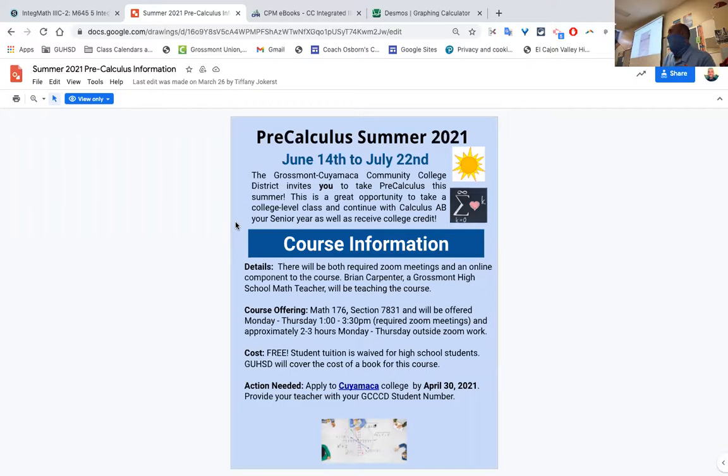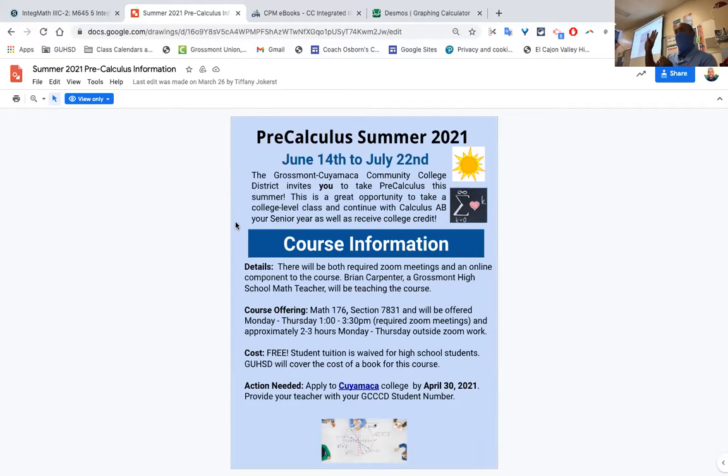Obviously, that makes you a stronger, what's the word I'm looking for, a stronger candidate for universities when you have AP Calc, especially when you're applying towards certain majors. Okay, things that have to do with math or science.